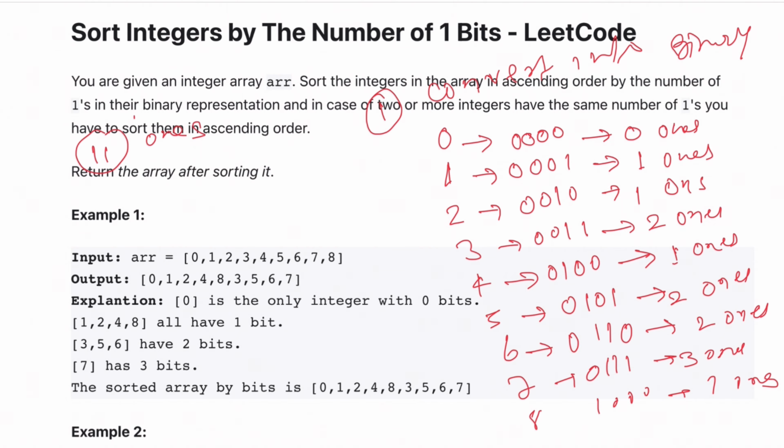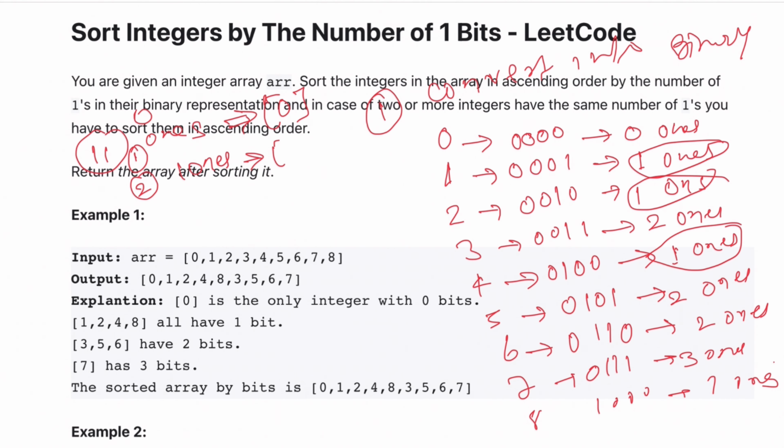Basically, based on the 1s, we form groups. For 0, there are zero 1s. The next group is for the numbers with 2 ones. Then 1, 2, 4 and 8 will be another group where we have one 1.